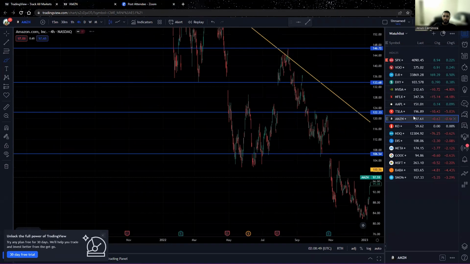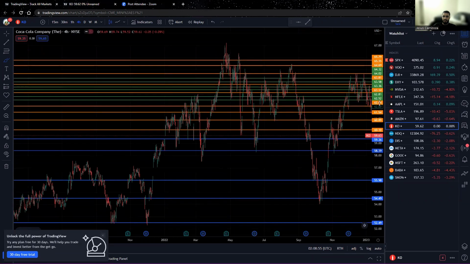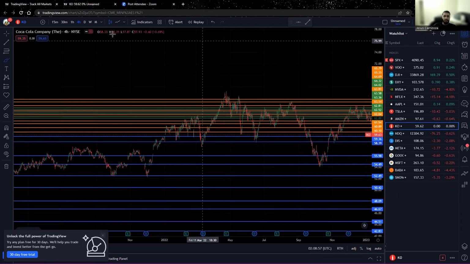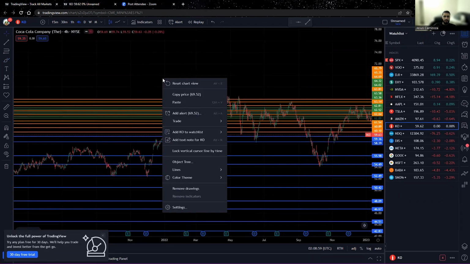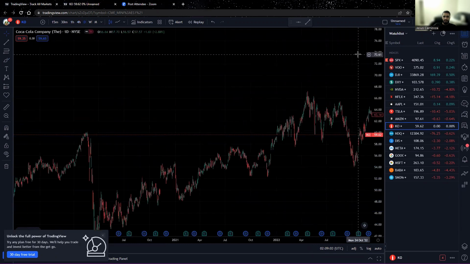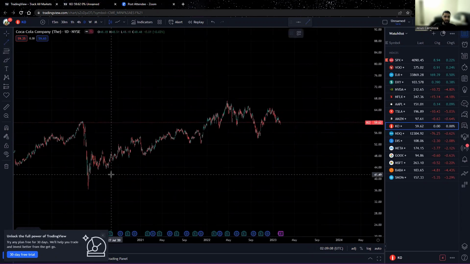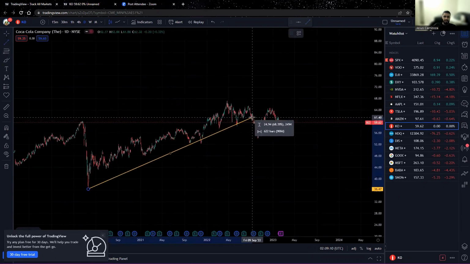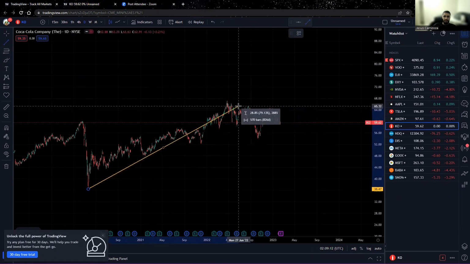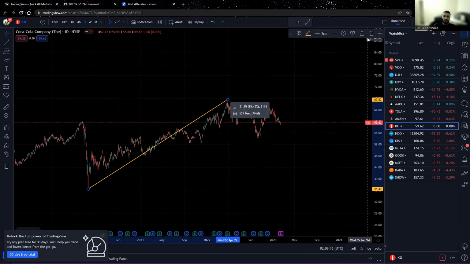What you want to look for when identifying trends is a stock like KO. So let's remove this and go on the daily. You see how this looks super healthy? It looks like it's just slow and consistent. Yes, we went up 80%, but look, it took almost 2 years, right?